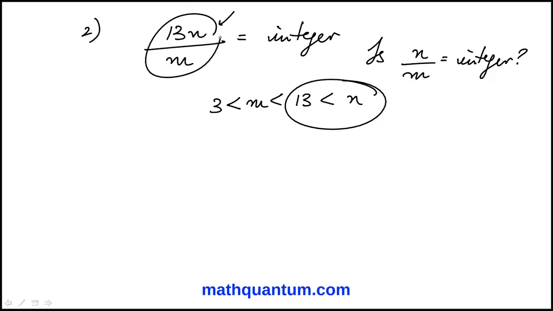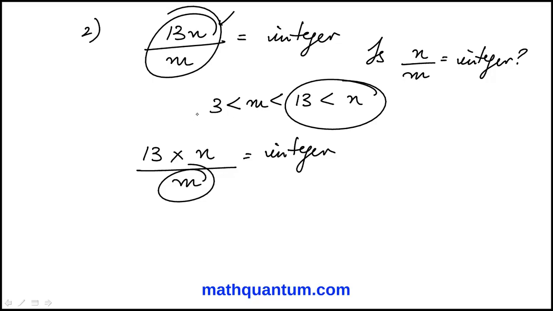So we need this result to be an integer, and it becomes 13 times n over m. So if I look at the possible values of m, it's between 3 and 13, meaning 4, 5, 6, all the way to 11 and 12.